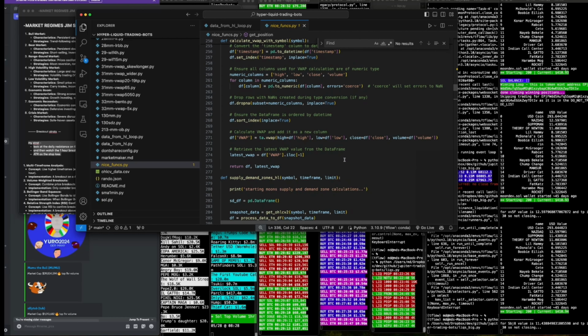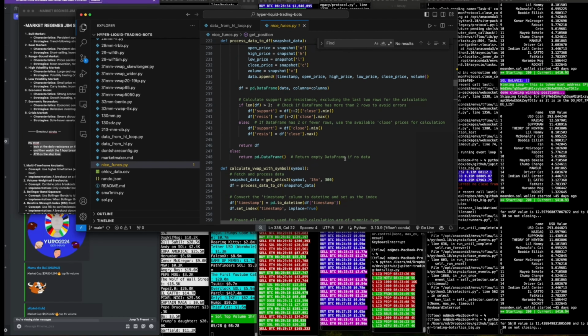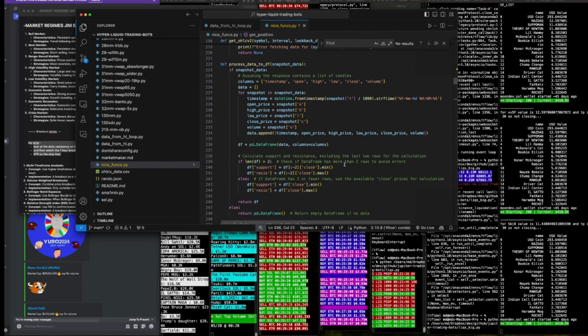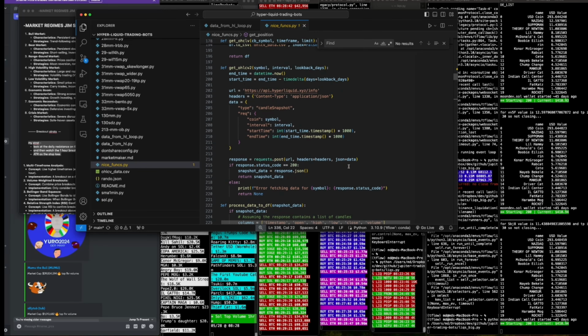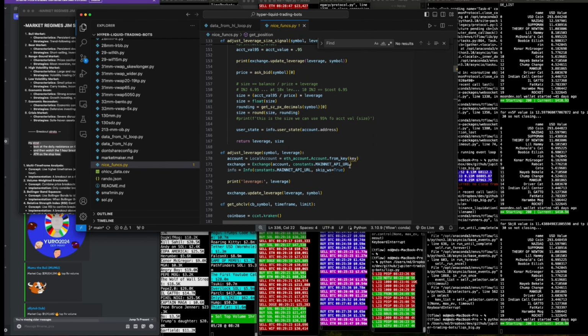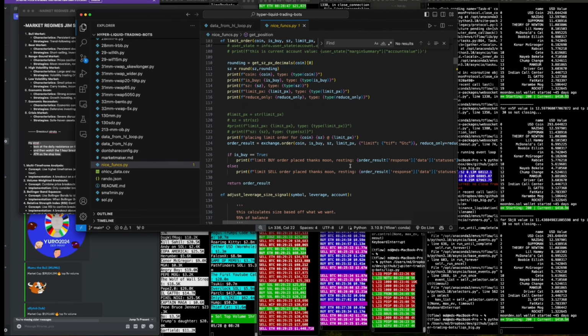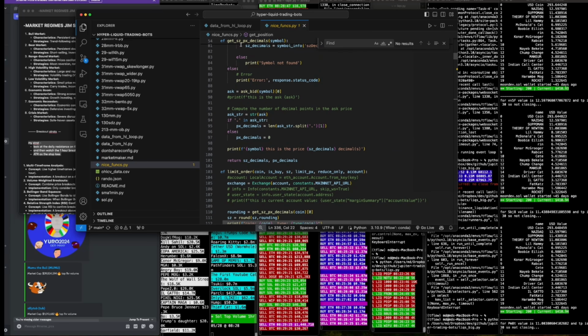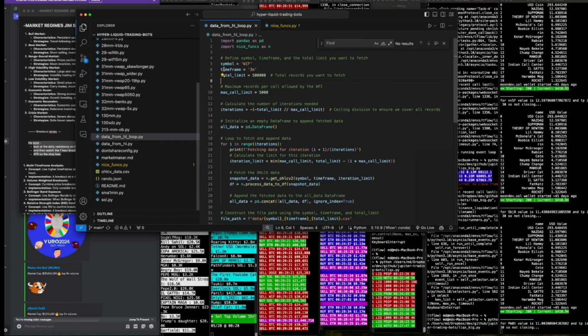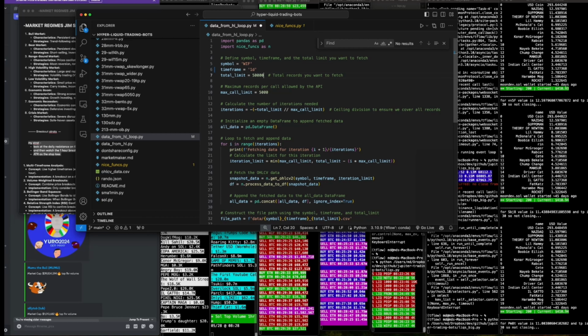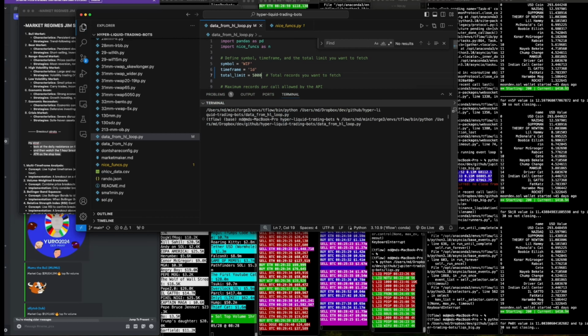Get position, supply and demand zones, calculate VWAP, get open, high, low, close, adjust leverage, adjust signals. One thing we do need for sure is the 1 day. We need that first. So let's get that. It's not been around that long, so 5,000 should be fine.